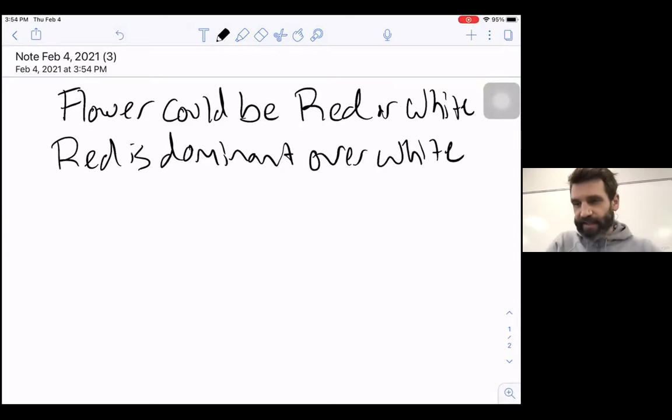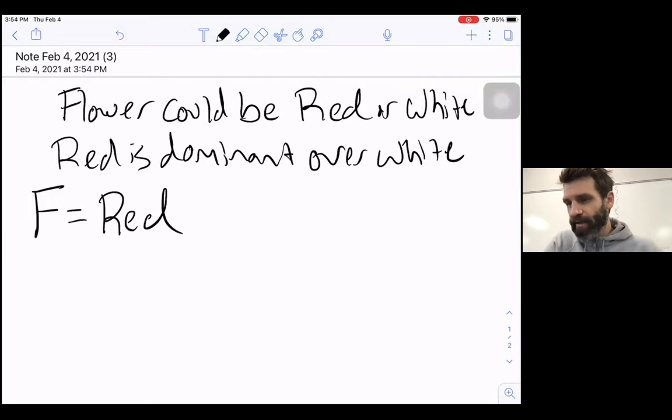So in this case, let's make this a flower. Capital F would have been red, and lowercase f would have been white.